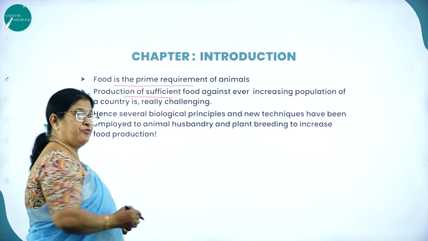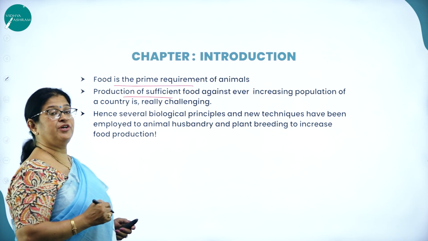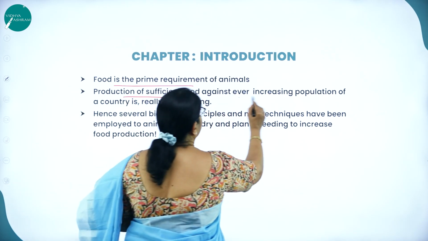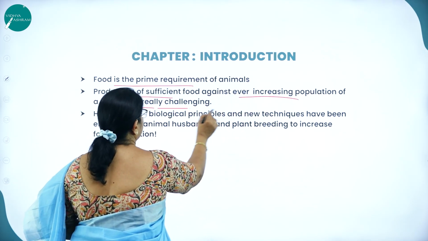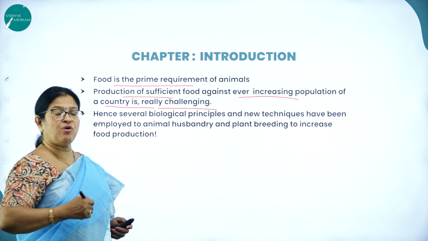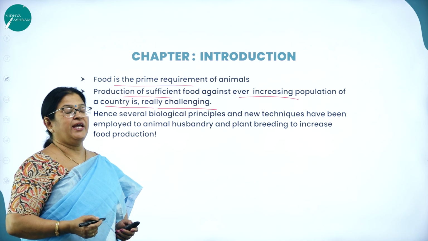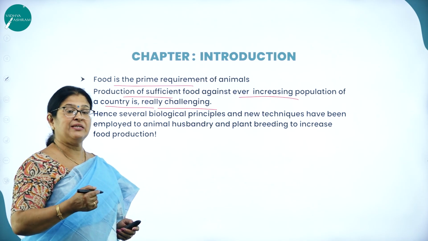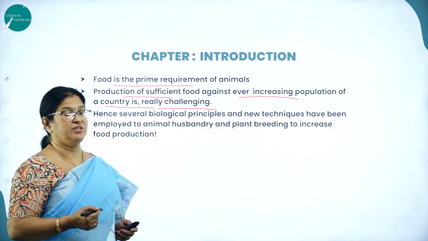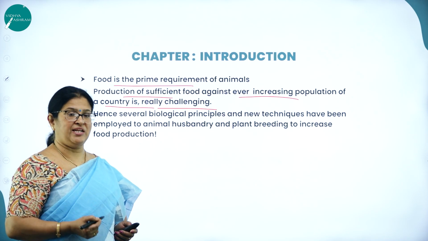Production of sufficient food for the ever increasing population of the country is really challenging. As the Indian population is increasing enormously day by day, production of food to meet the demand is a challenge.